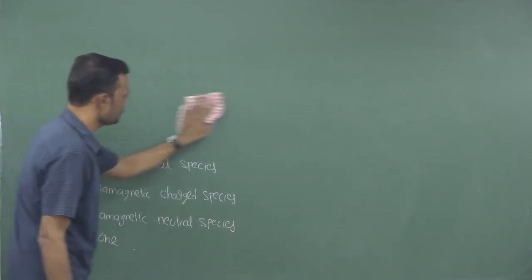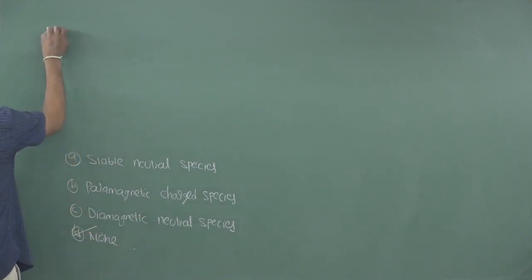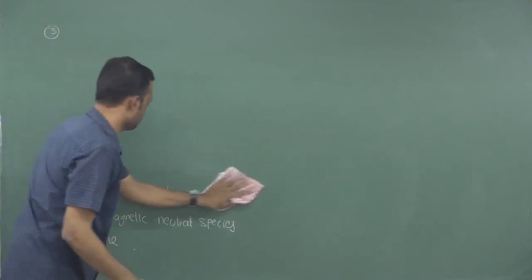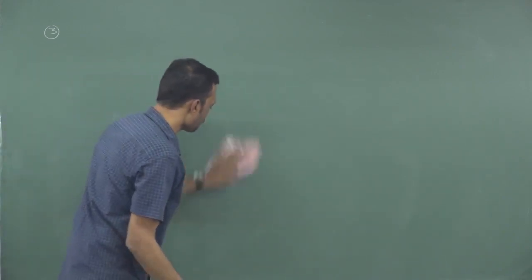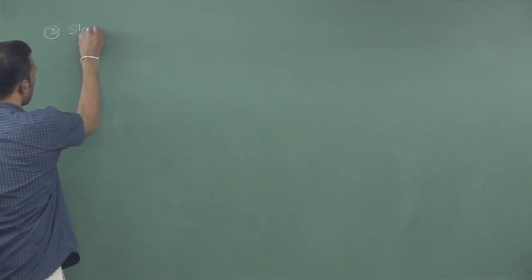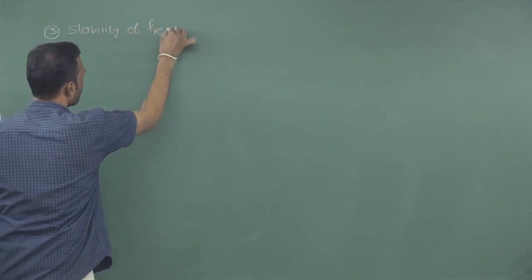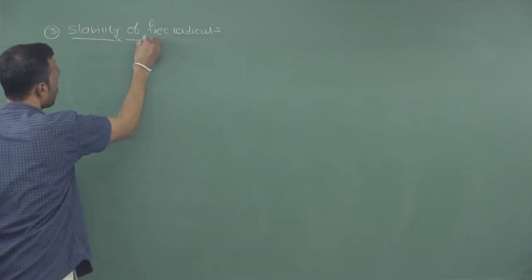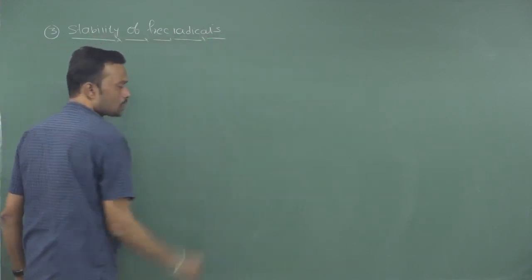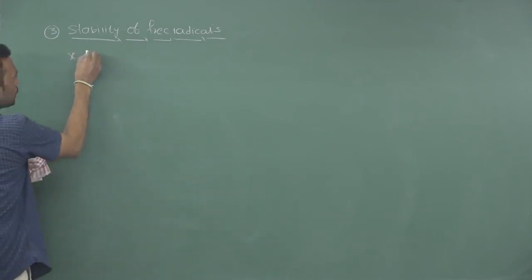So that is about generation and structure, both are over. Next, third one, stability. This was already explained in GOC. Right now we will give one example. Stability of free radicals. Are free radicals unstable or not? Free radicals are unstable paramagnetic species. They get stabilized by electron releasing groups.